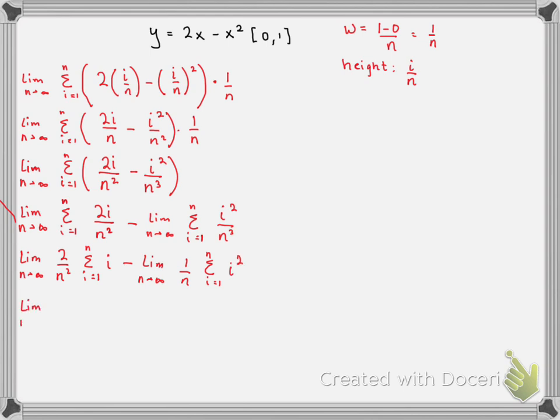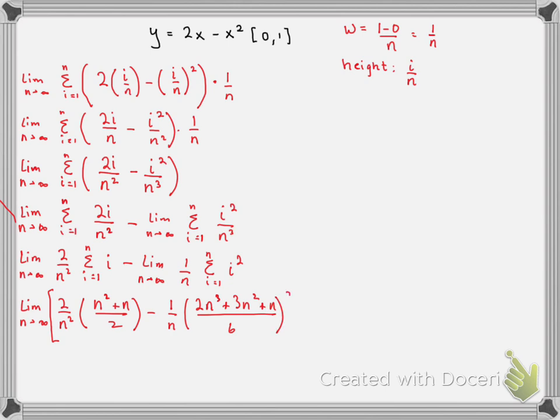Once we write the replacement for i in terms of n, we get to drop the summation symbol. So the sum of i is n squared plus n over 2, and the sum of i squared is 2n cubed plus 3n squared plus n over 6.